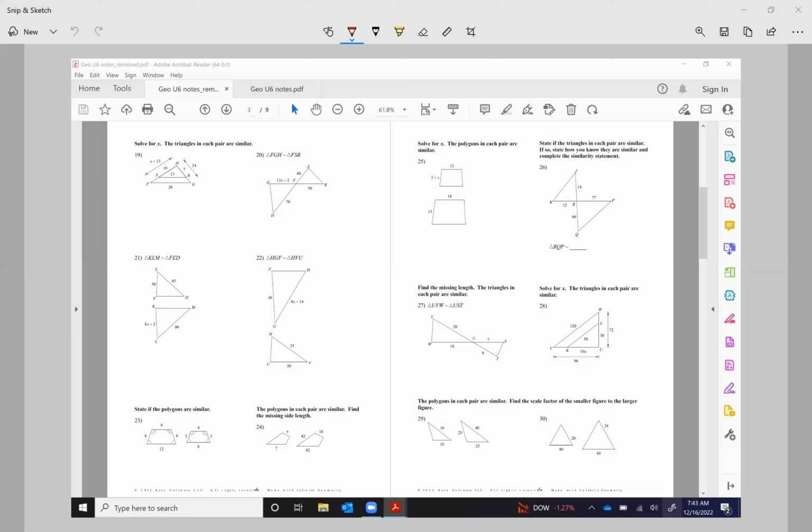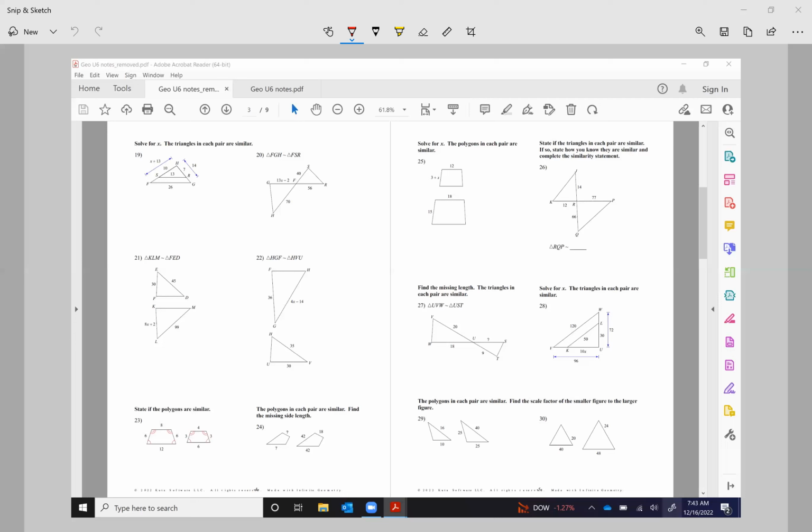So I have X over 11 is equal to 40 over 4. Notice 121 and 44, I divided each by 11. So I could simplify, but you don't have to, especially if you're using a calculator. So I'm going to say that that's it. I'm not going to simplify anymore.